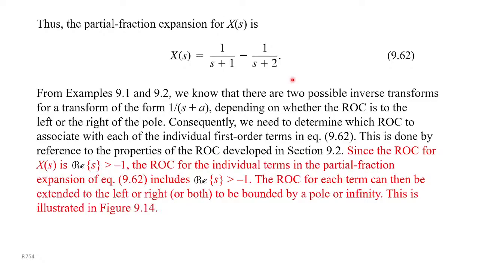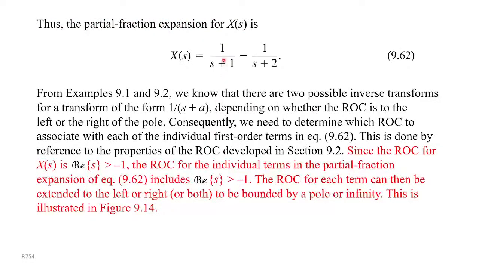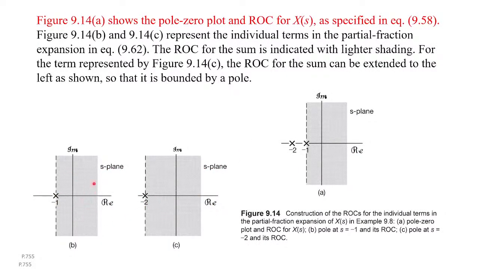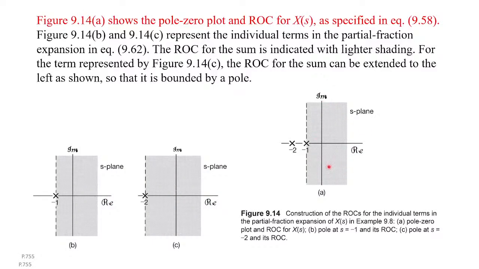For those two terms, we try to do the inverse, and you need to decide whether to pick the right-side ROC or the left-side ROC for each. One of them has the pole at -1, one has the pole at -2. Now we need to look at the ROC given at the very beginning. The ROC is this, bigger than -1.